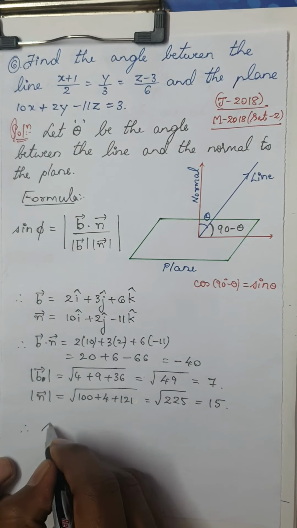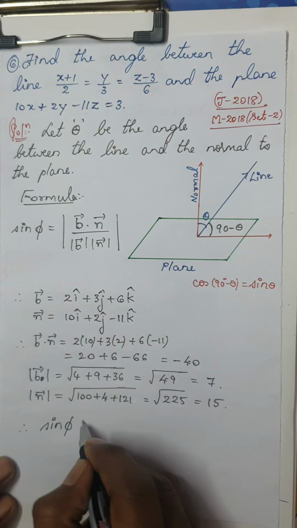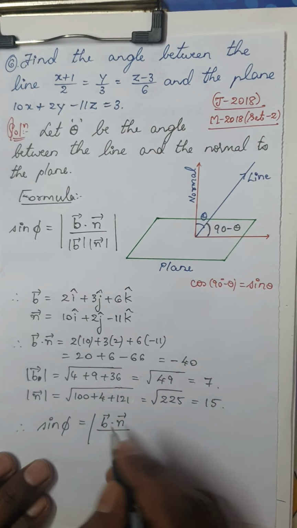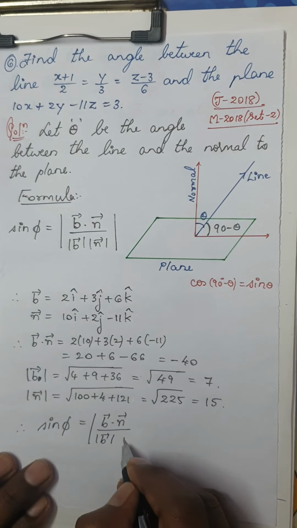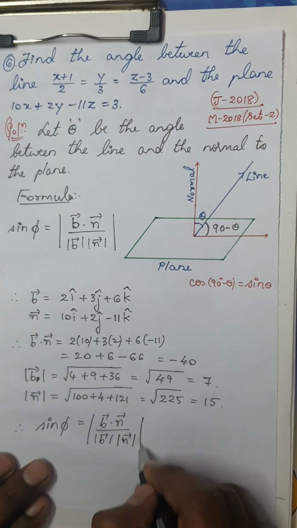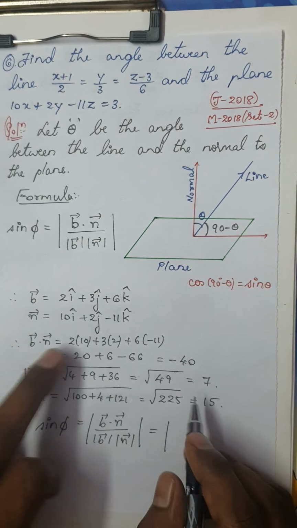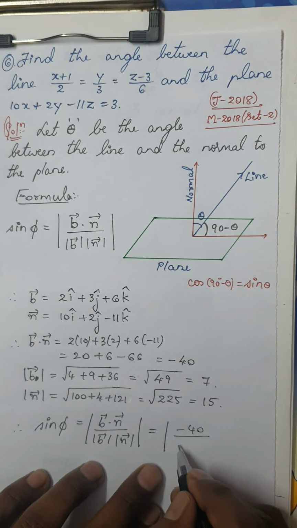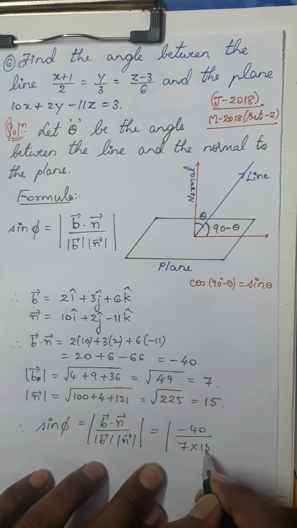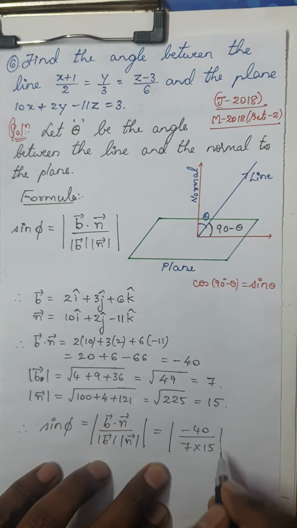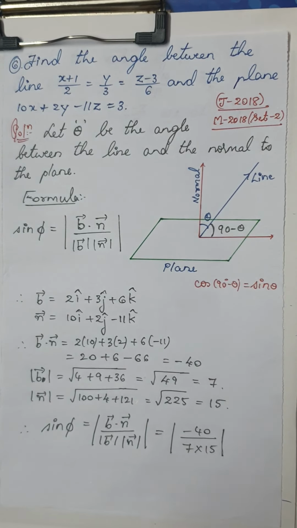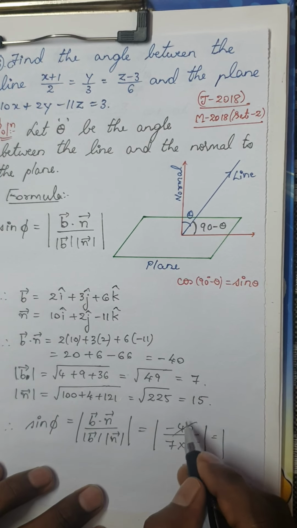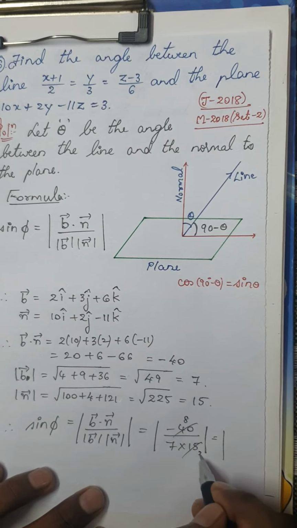Therefore, you will get sine pi is b dot n divided by magnitude of b into magnitude of n. That is b dot n, which is minus 40, divided by magnitude of b is 7 into magnitude of n is 15. If you want, you can cancel: 5 eights are 40, 5 threes are 15.